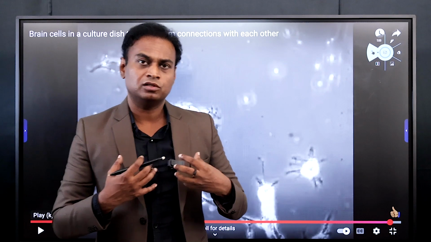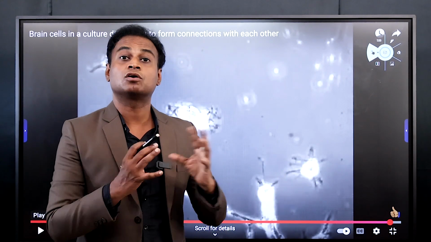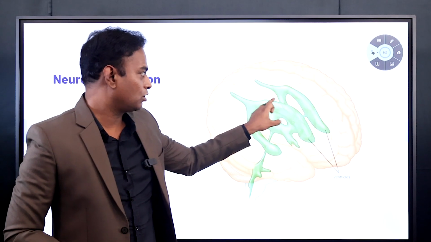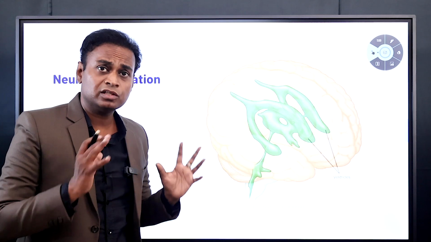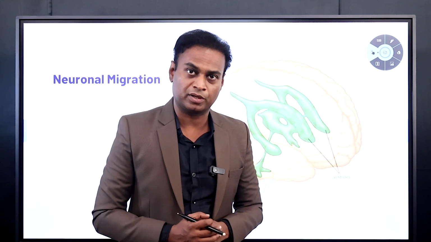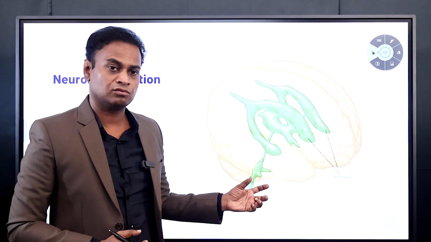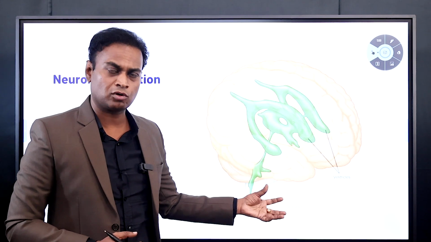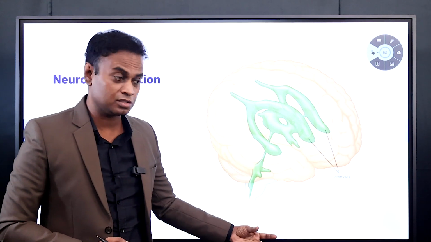Anything that causes a defect in it, if the neurons are not migrating to the place they should be, causes autism. The neurons have to originate here and migrate to the other parts of the brain. If the neurons are not migrating properly, then it causes autism. So what are the causes for neurons not migrating properly? I have made a separate video on the causes of autism.